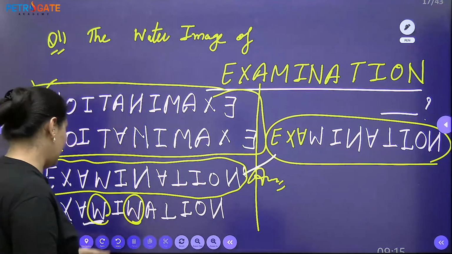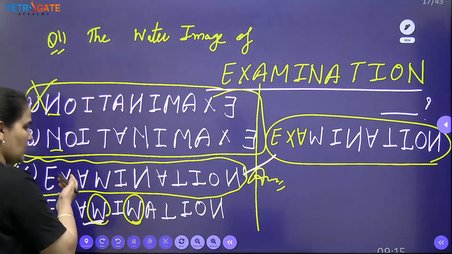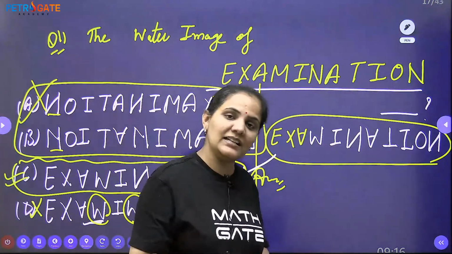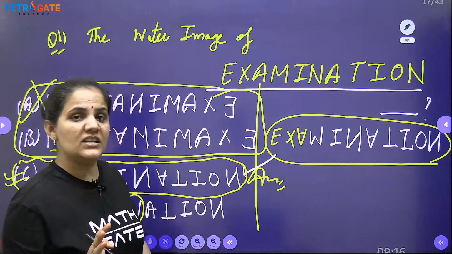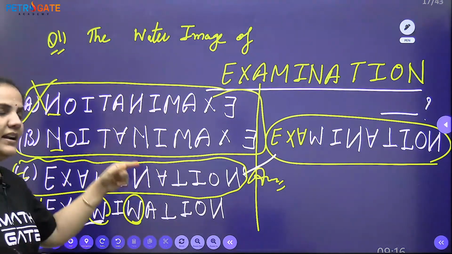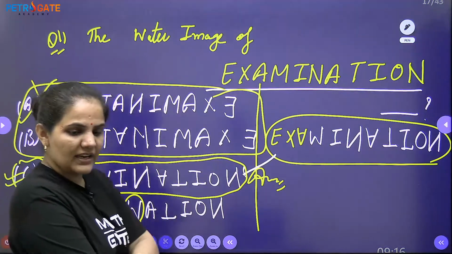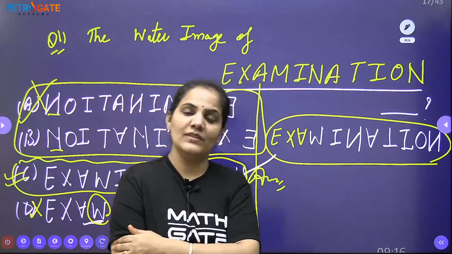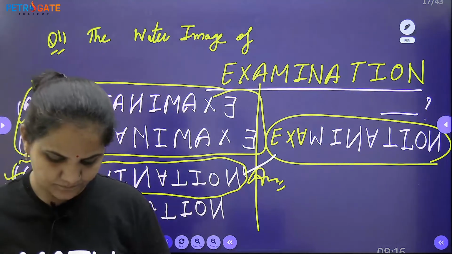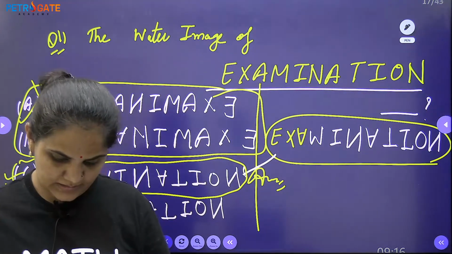So it's not written right, so it is also not possible. The only one written right and exactly the right answer is option number C for Chennai, dear students. I hope you guys can understand this. Is it clear? Yes.